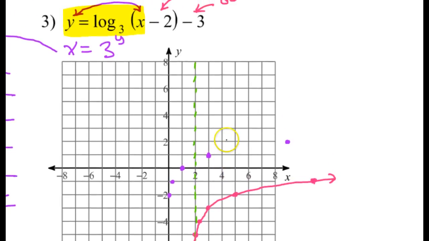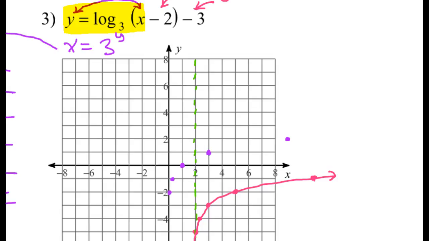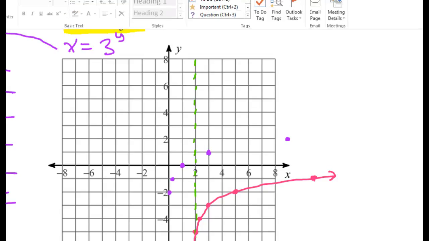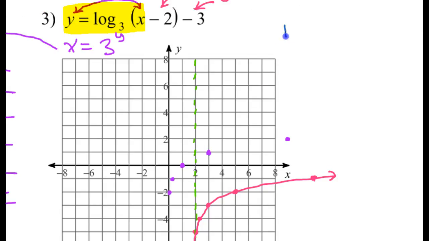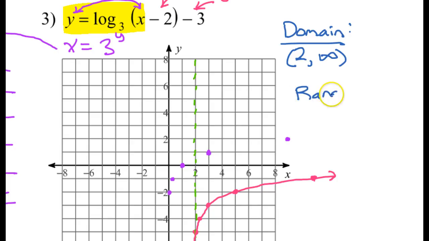Okay, so let's talk about the domain and the range and the asymptote. All right, so the domain, that's the x values. Left to right, the graph goes from, well, not negative anything, the graph goes from 2 to infinity. The range, okay, that's the y values from bottom to top.